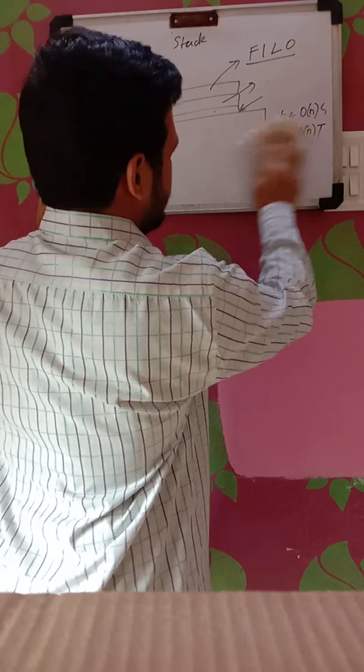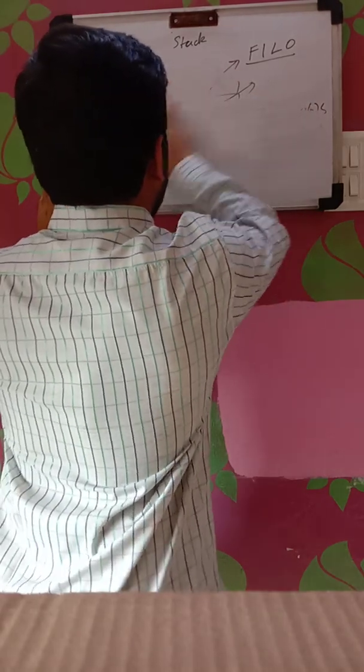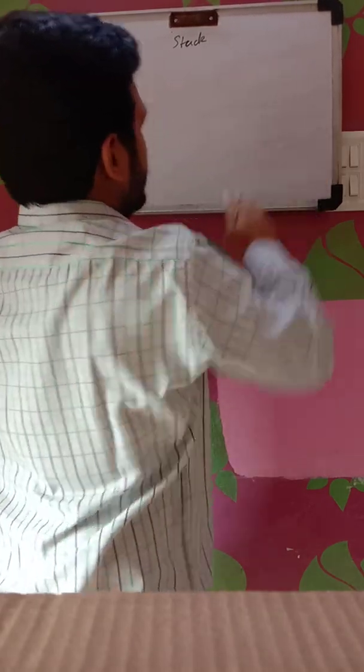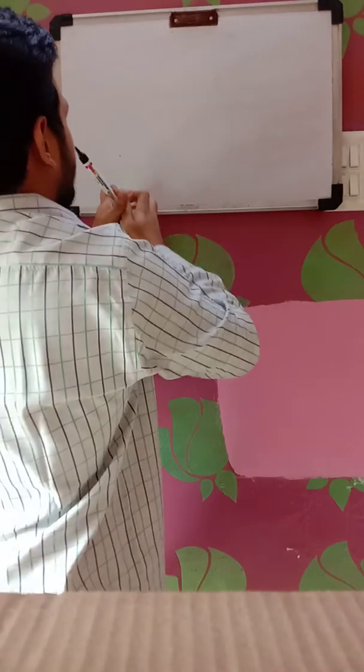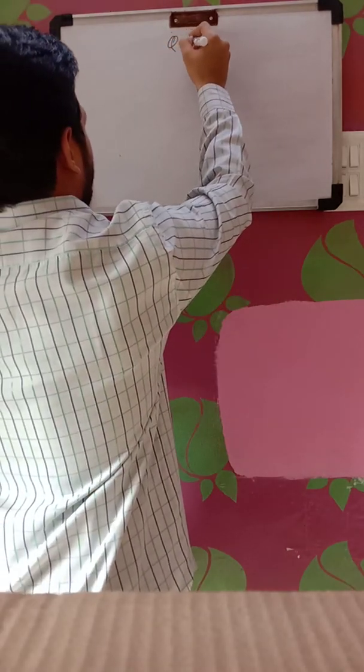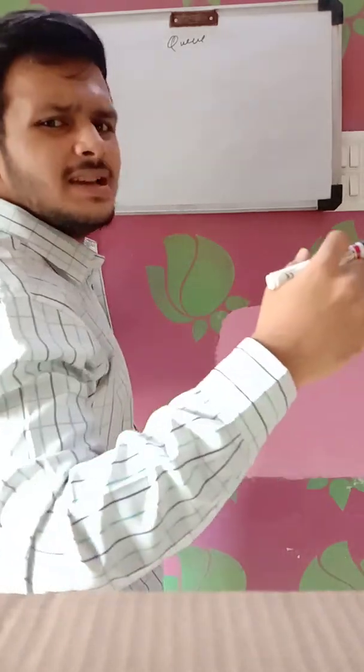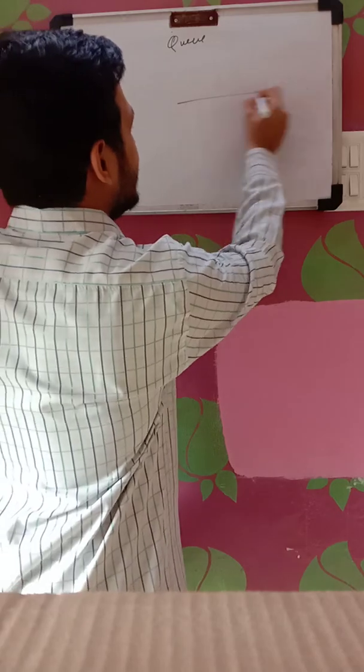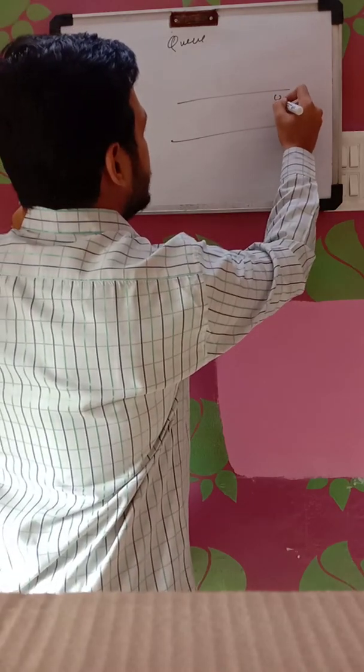Now let us study something about queue data structure. So what is a queue data structure? Let's say whenever we go to watch a movie, we need to stand in a queue and then we need to take our tickets.